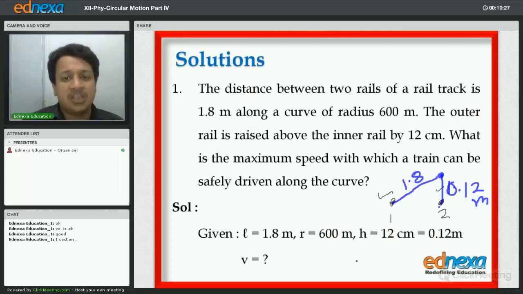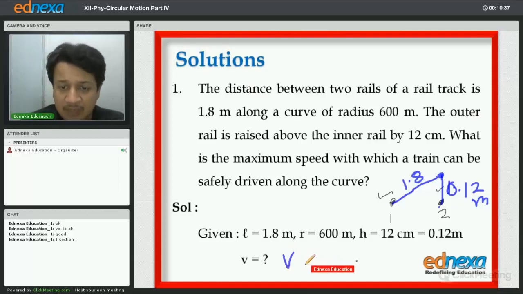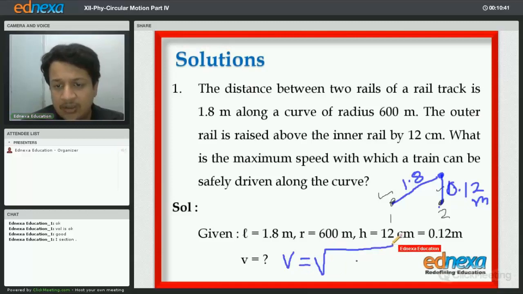Is mu given to us? No, mu is not given. So the formula we use should be free from mu. What is the formula for velocity? V is equal to under root R G tan theta, the formula for velocity which is free from mu, where mu means coefficient of friction.